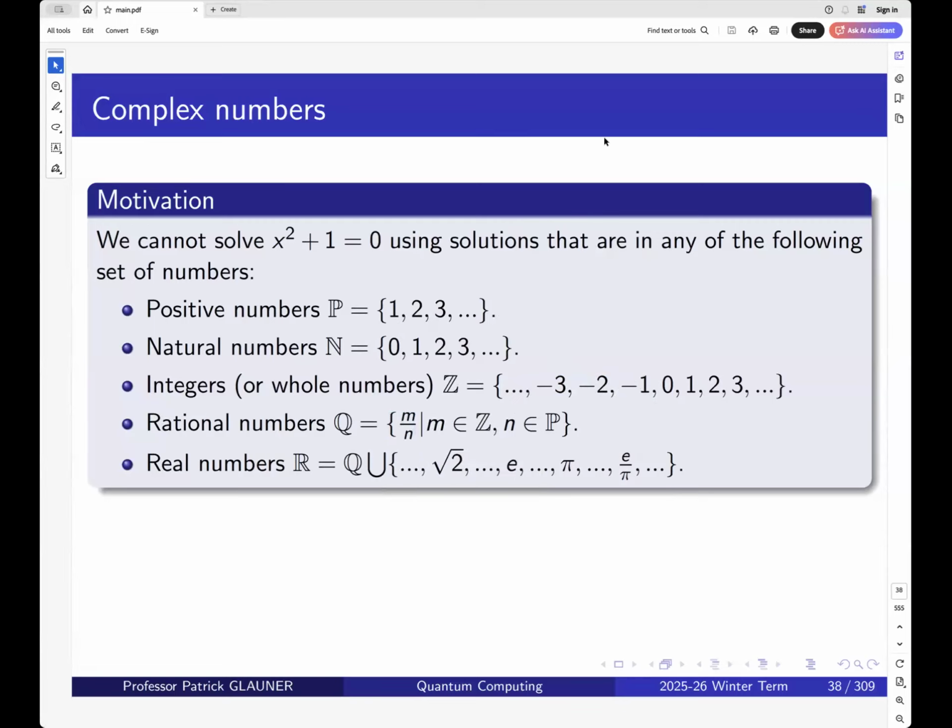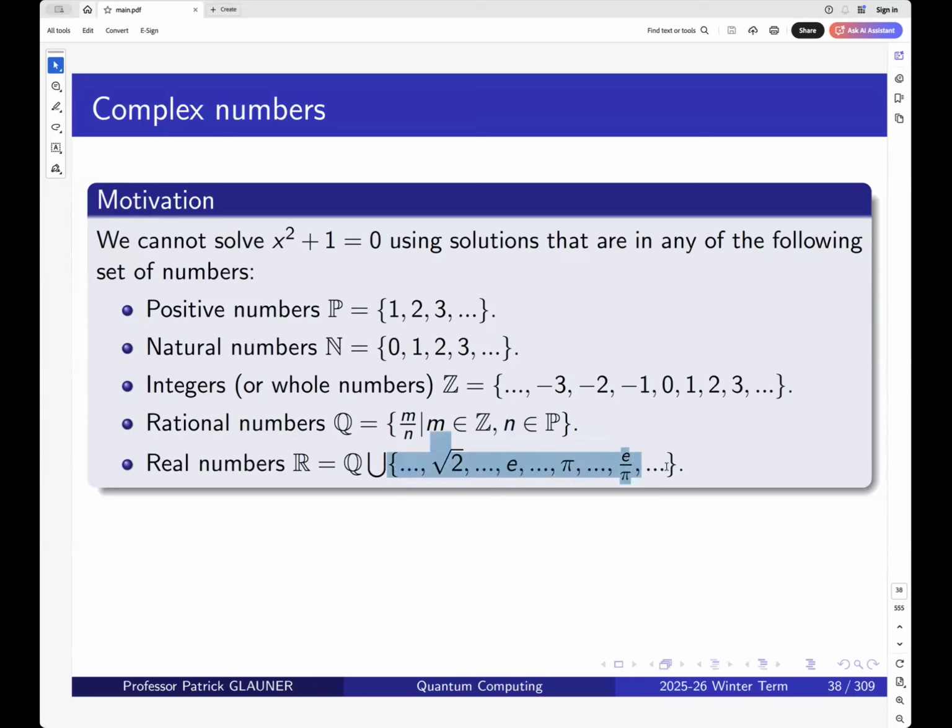And then the real numbers are yet another extension of that set, because we take these rational numbers, which include the positive numbers, the natural numbers, and the integers, by the way, and we extend that with other numbers, like the square root of 2. But also, for example, e or pi, and these numbers we cannot express as rational numbers.